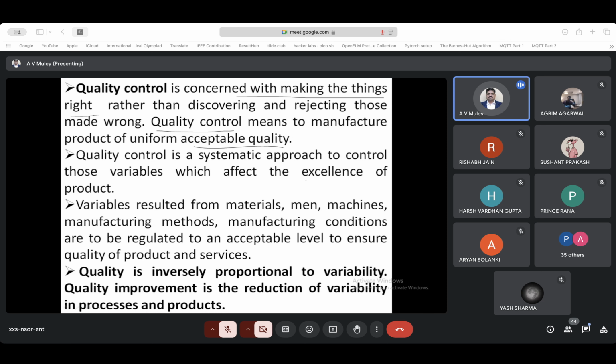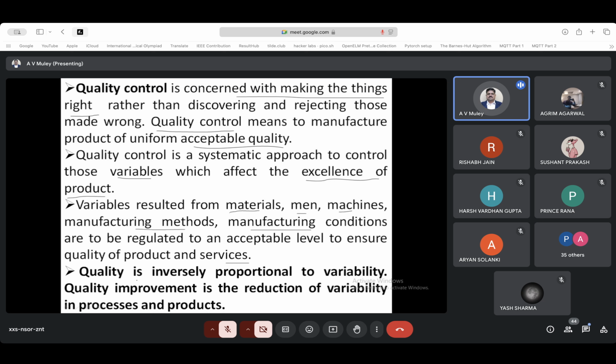So we are talking about the excellence of the product, and the purpose of quality control is, obviously, a systematic, scientific approach to control those variables. What are the sources of variables? Material, man, machines, manufacturing methods, manufacturing conditions are to be regulated to an acceptable level to ensure the quality of product and services. The same thing is applicable to services also.